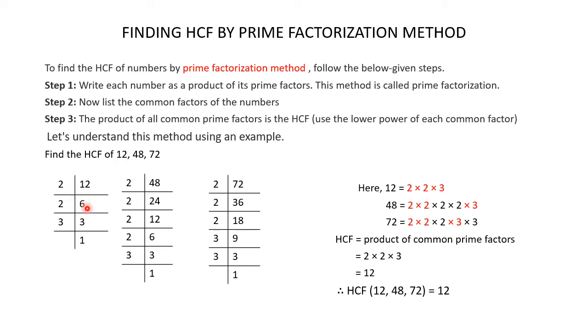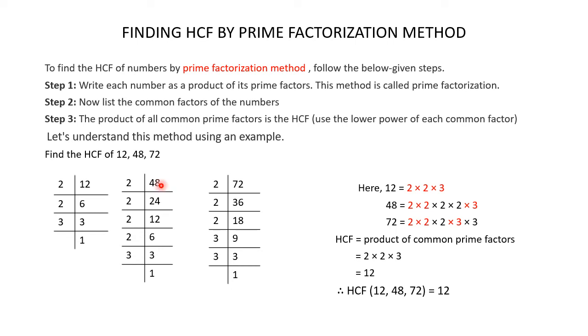Divide 6 by 2, you'll get 3. Divide 3 by 3, you'll get 1. So the factors of 12 are 2, 2 and 3. So you can write 12 as a product of its prime factors as 12 is equal to 2 multiplied by 2 multiplied by 3.